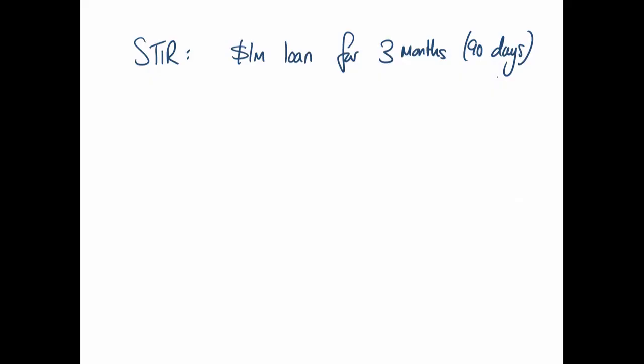That is the standardized size of the STIR in the States. Exchanges will also specify the minimum price movement in the price of the contract. That's what's called a tick. And they specify that 1 tick here is 1 basis point.